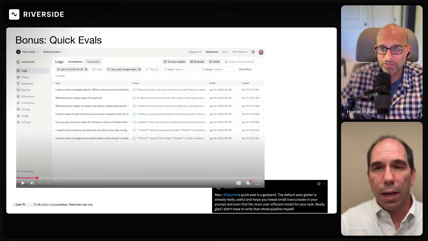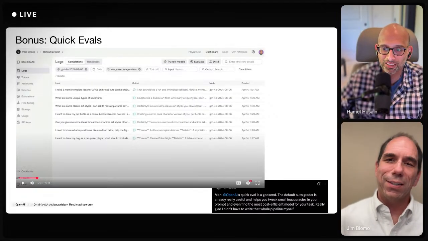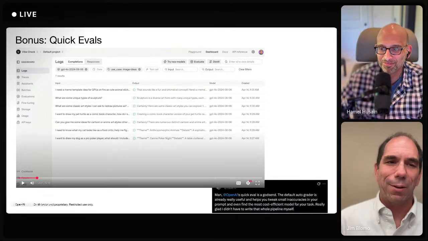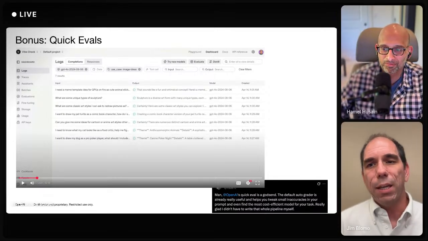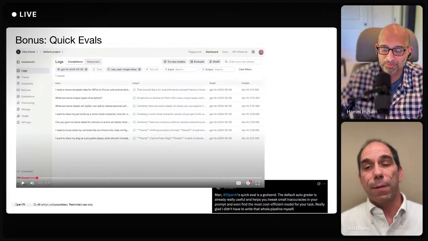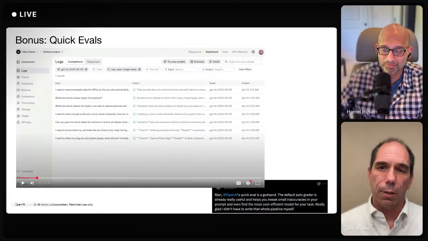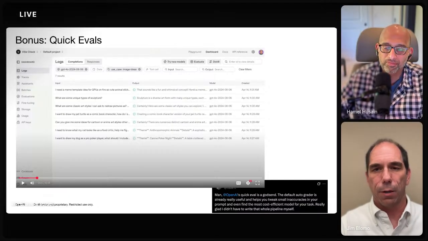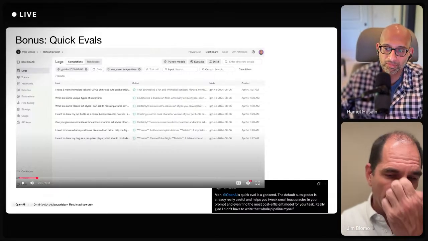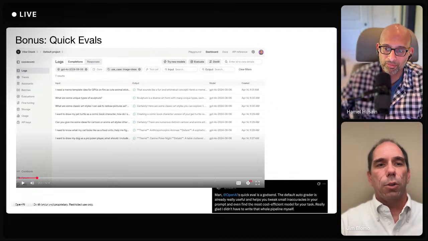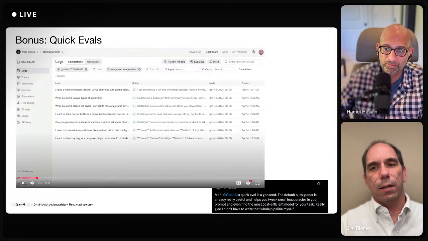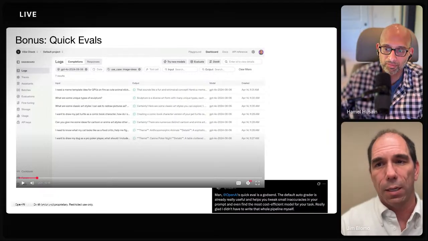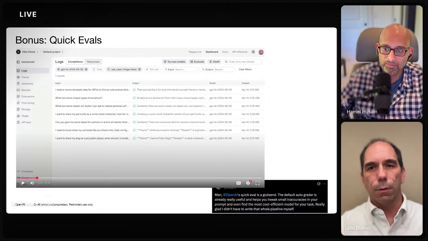I don't know if I paid attention to that before. So this is a feature we've been playing with on and off for a while. It's being able to fine tune a smaller model based on the responses that you've gotten from a bigger model. So in this case, we have a 4.0 model. You can select different responses and distill those into, say, a 4.0 mini model as an easier flow.